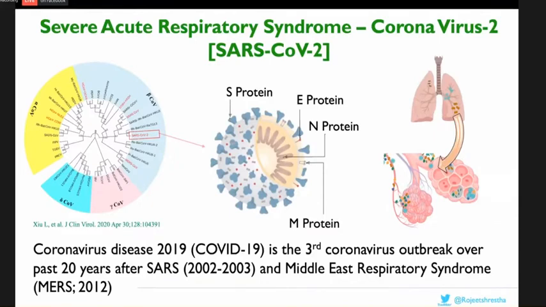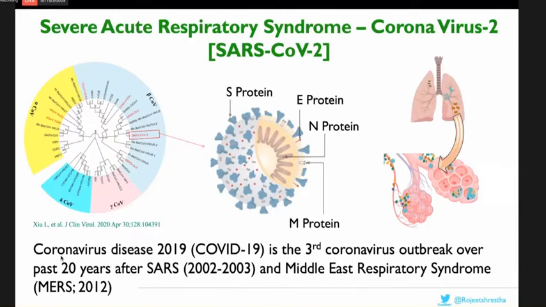Well, we all know that SARS-CoV-2 caused an outbreak beginning from December 2019 in Wuhan city of China, and has spread globally and consequently been declared a pandemic by the World Health Organization.